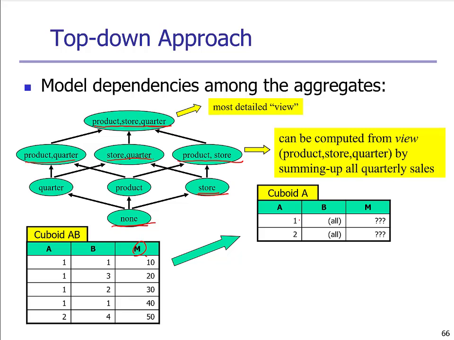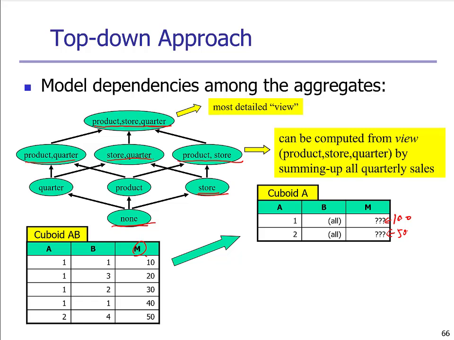For A we have 2 distinct values, 1 and 2, and then we consider all the possible B corresponding to A equals 1. We will get the summation, which is 100 here. And similarly, we have 50 here for A equals 2.